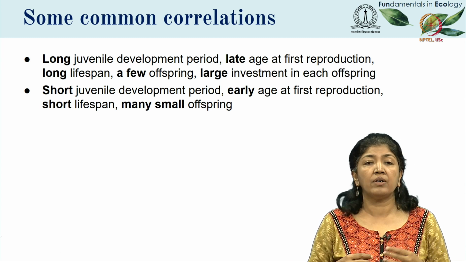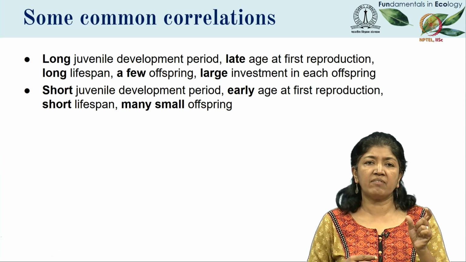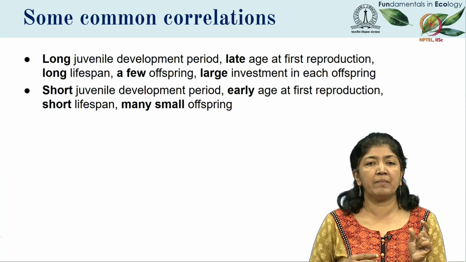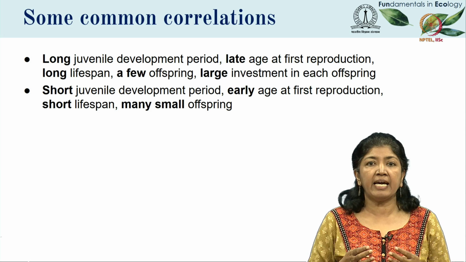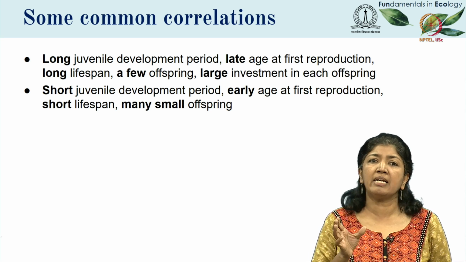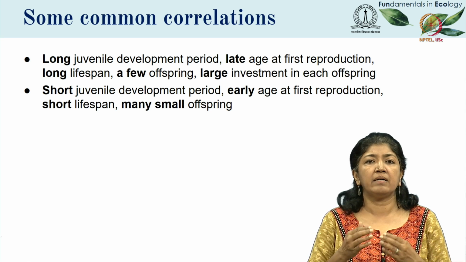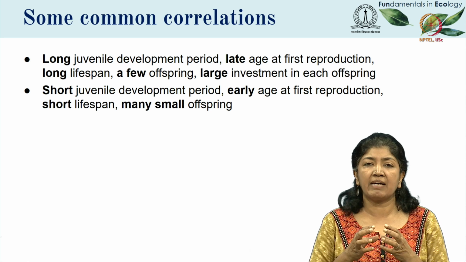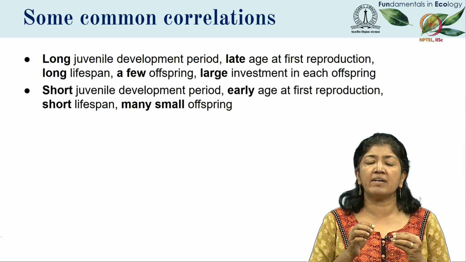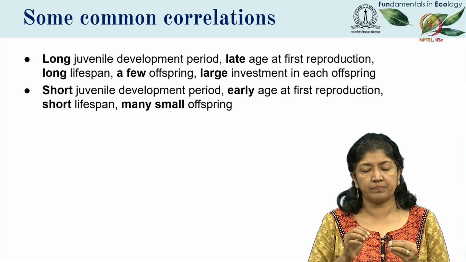On the other hand, you can have species where there is a very short juvenile development period, an early age at first reproduction, short lifespan and many offspring produced within this lifespan with very little investment in each offspring.